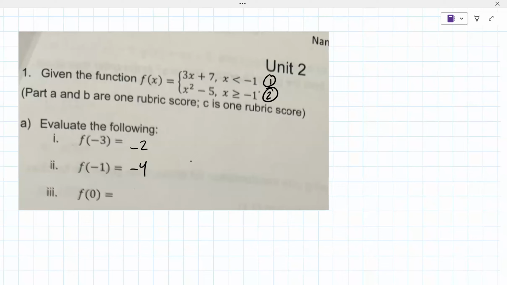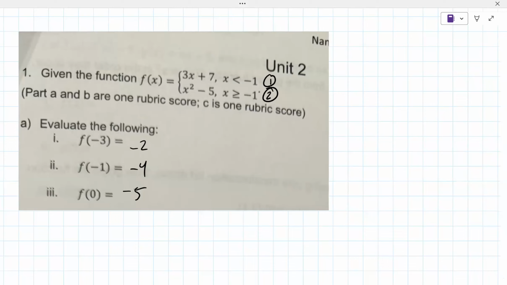Wait, 0 squared is still 0, right? Okay. -5. Okay. Any questions on that?